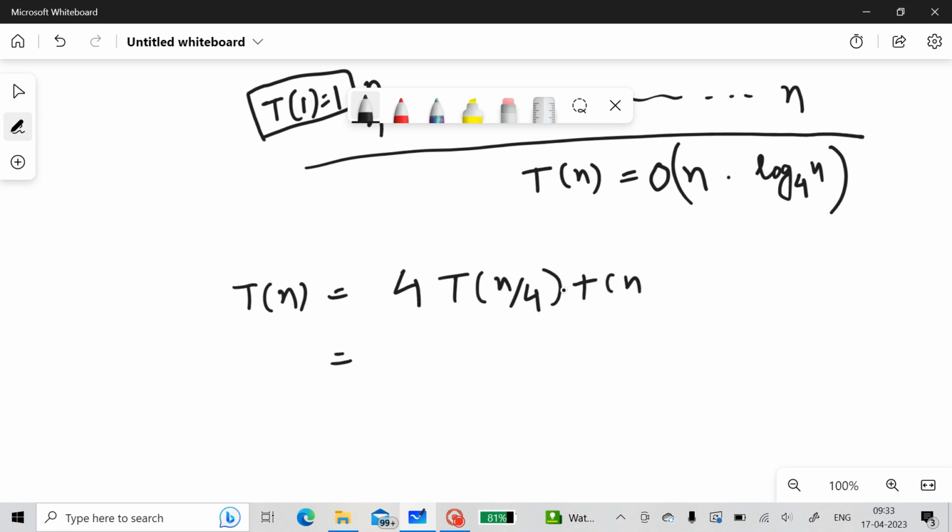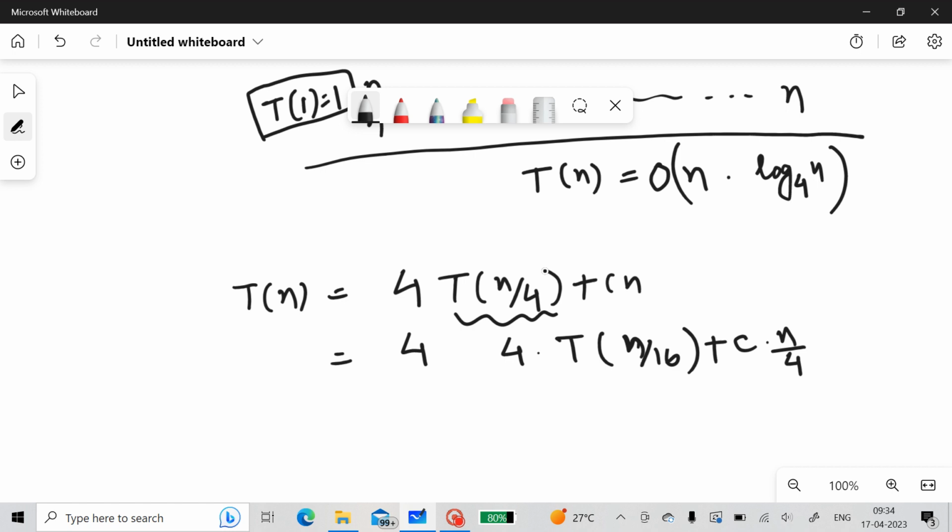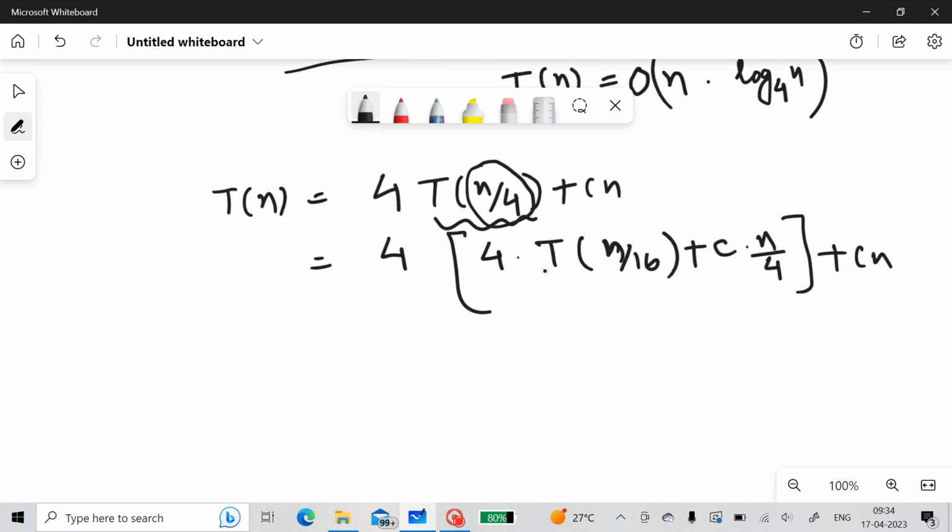You can straight away expand this according to the relation: 4 times T, where n becomes n over 4, so you will get n over 16, plus c times n over 4, which is the n for this subproblem, plus cn. Now let's simplify this.